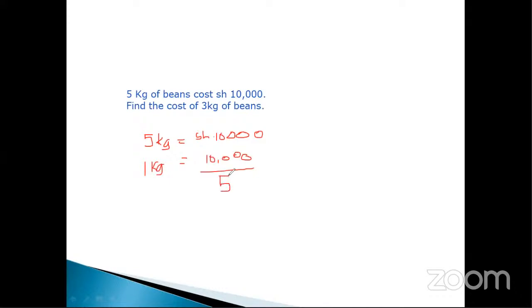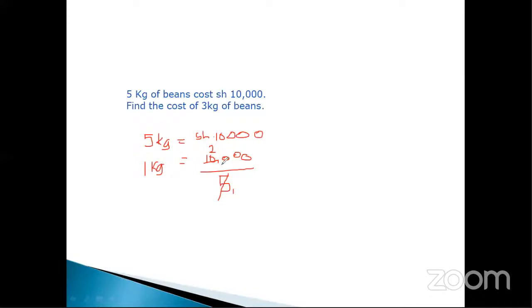We start from 10. Okay, this is 5 divided by 5. We shall get 1. How about 10 divided by 5? We get 2. So here we remained with zeros. How many zeros have we remained with? 3.